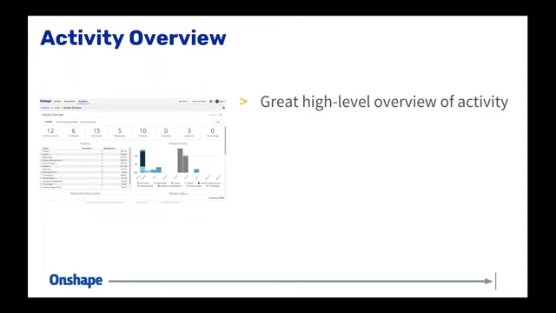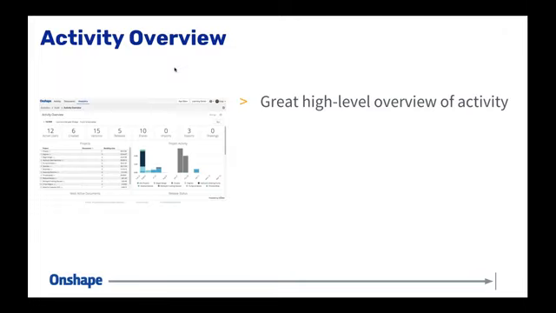So it's a great way to start your reports, of just understanding what's the latest activity. And that latest activity, by default, will be the past 15 days, but we can get into how you can change that and customize these reports. But activity overview, definitely a good place to start if you're new to Onshape Analytics.